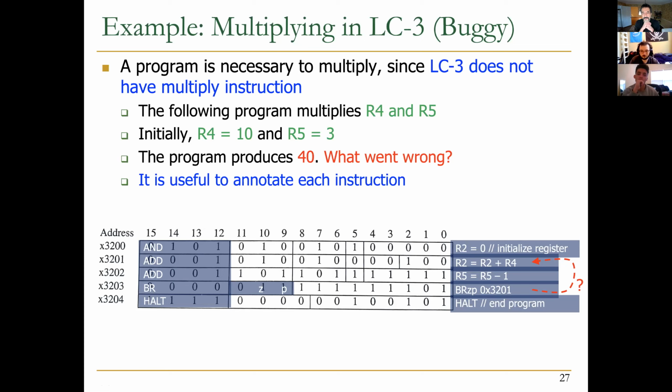Is there any other way that we can change the program, rather than, for example, changing the branch? Say we want to keep branch ZP. Is there any way to fix the bug and still keep this instruction?